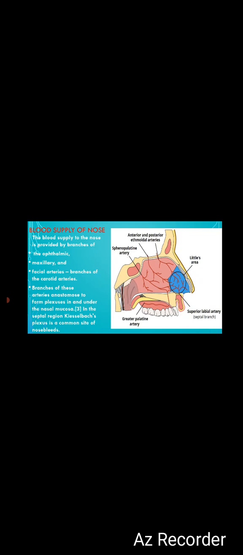It is also called Little's area. The blood supply of the nose is formed by the anterior and posterior ethmoidal arteries, sphenopalatine artery, greater palatine artery, and superior labial artery.